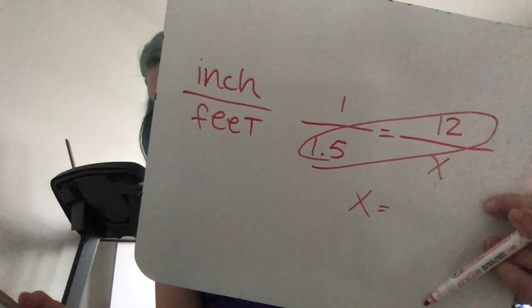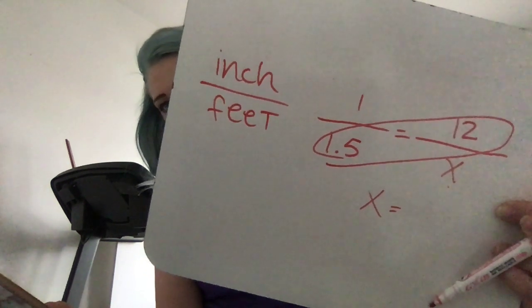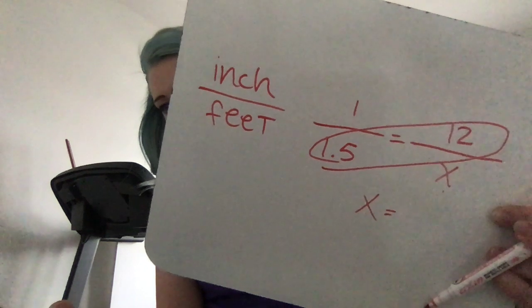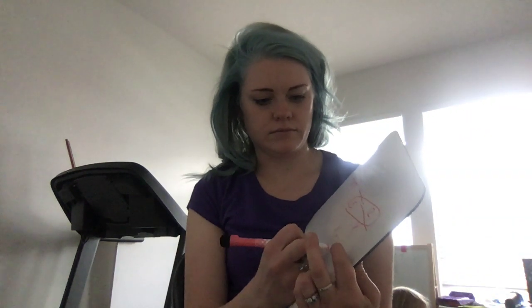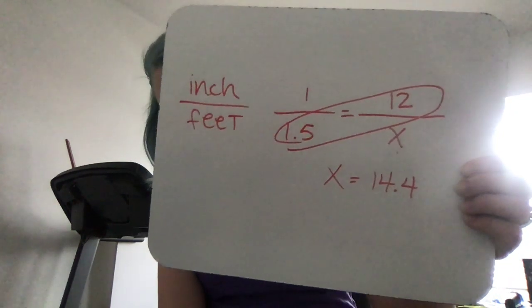So we pull out our calculator, and we have 12 times 1.5, and we get 14.4. And that is the length of the actual airplane in feet. So it's 14.4 feet. And that was for Rob.